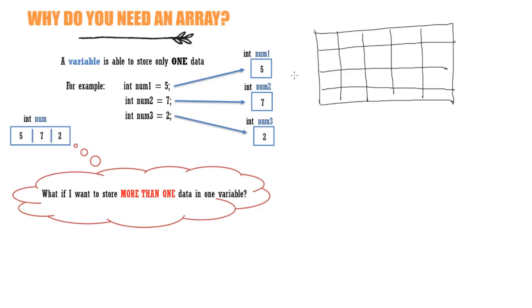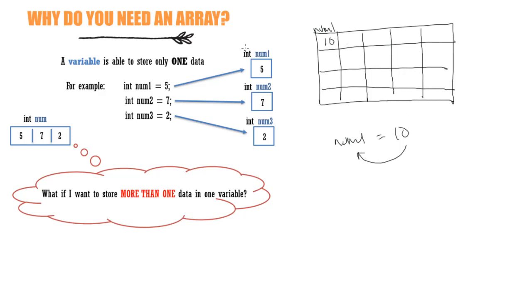Let's say you declare int num1, meaning that you will allocate inside the memory a space named num1. So whenever you do num1 equals to 10, 10 will be stored inside num1. So there will be 10 here.